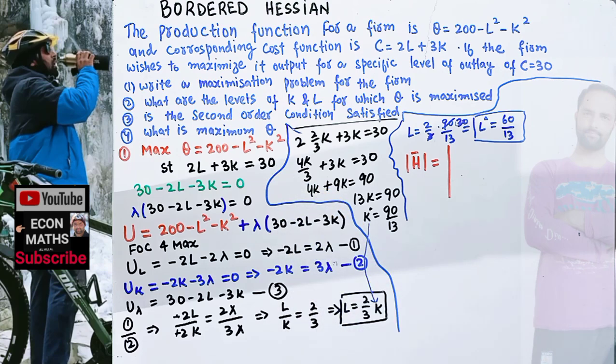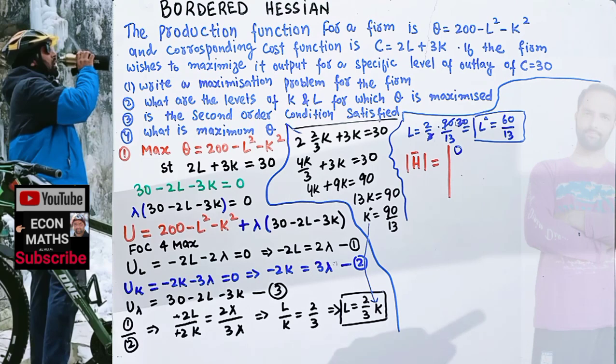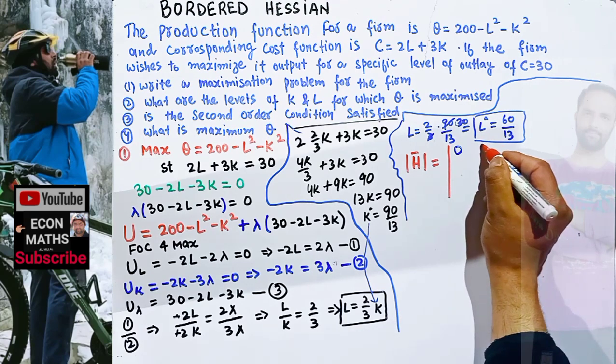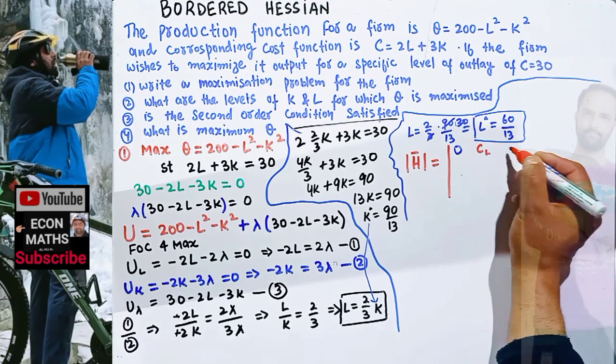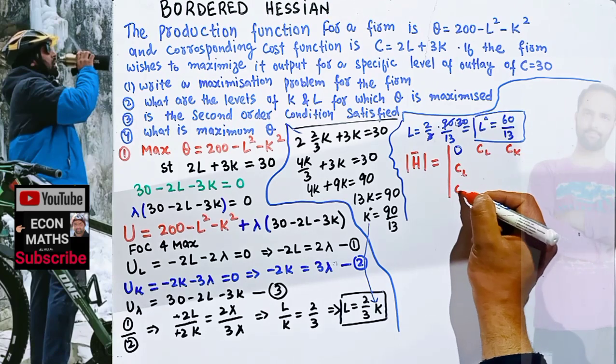Let me show how we calculate it. We have 0 here, then C subscript L, C subscript K.